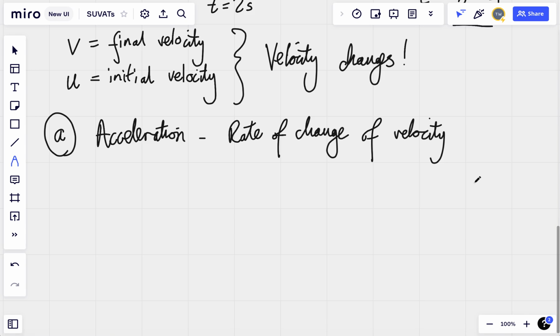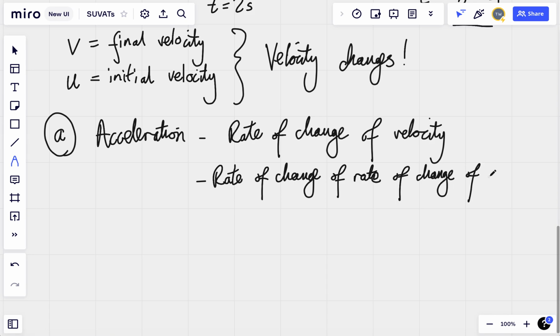However, we want to know how long that takes to do so. And so that is what we call our acceleration. Rate of change of velocity, if we think about it, we could also go a bit further here and call it the rate of change of rate of change of displacement.